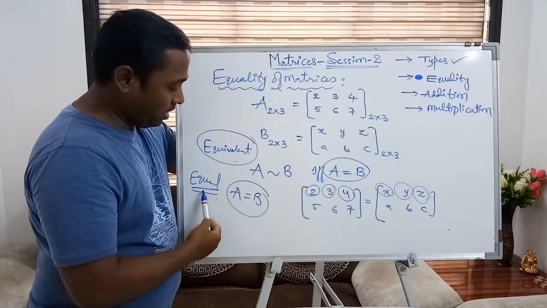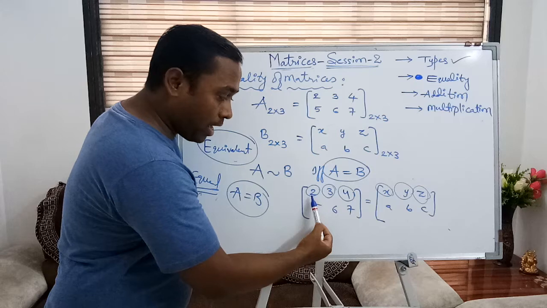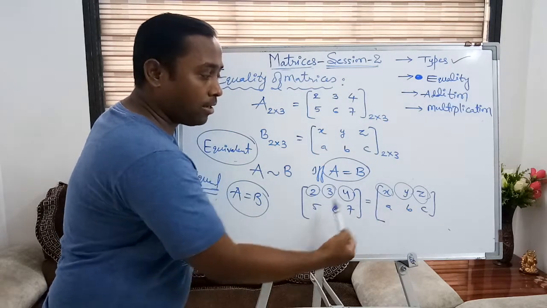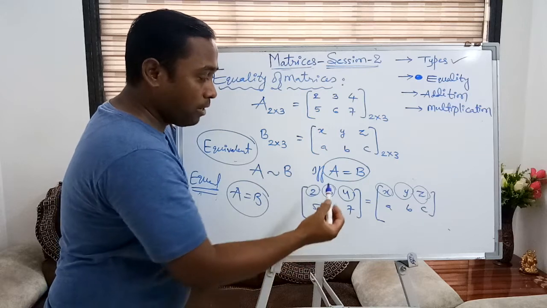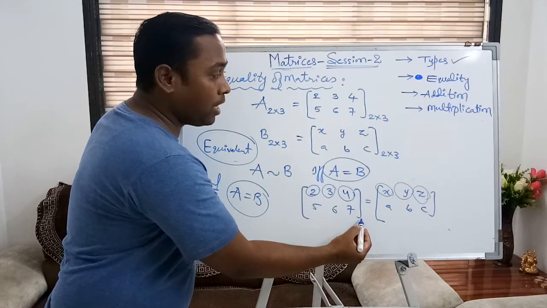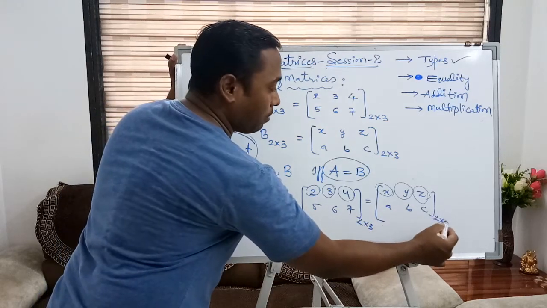That's why whenever equal matrices are given, we are able to compare or equate their corresponding elements. But before using this equality concept, their order must be the same. Then only we can compare the elements.